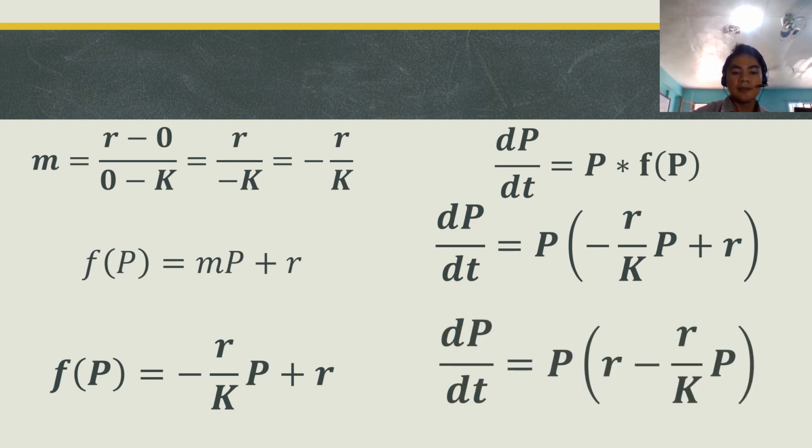Alright, so let's rearrange. We have dP over dt equal to P times the quantity r minus r over K times P. Now, as I've said, K is the carrying capacity.